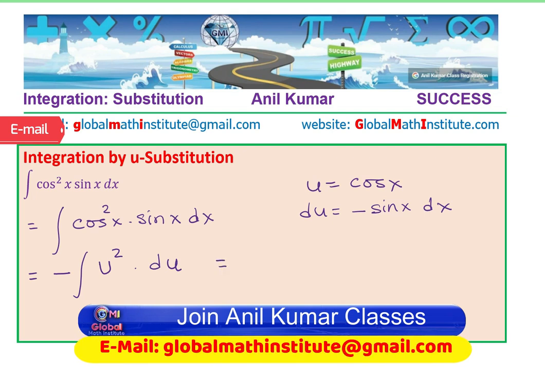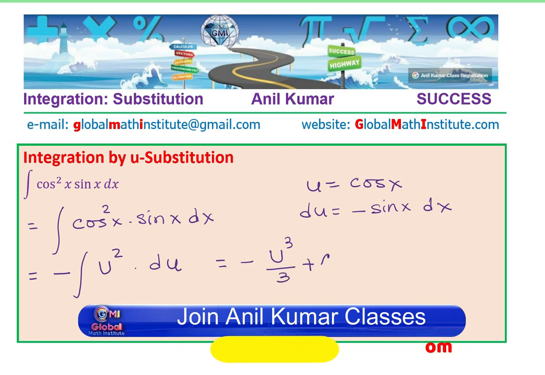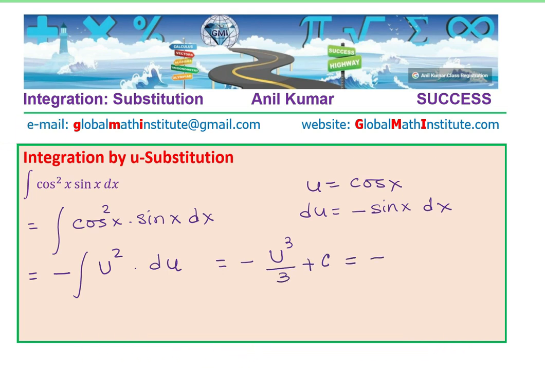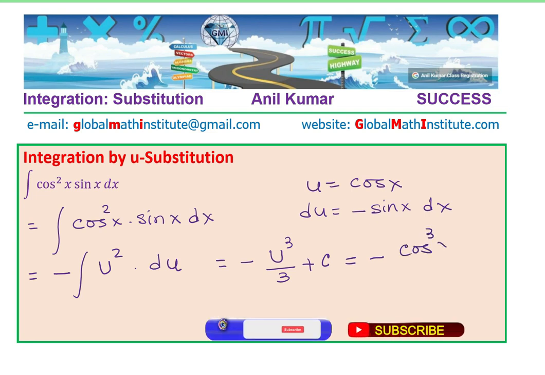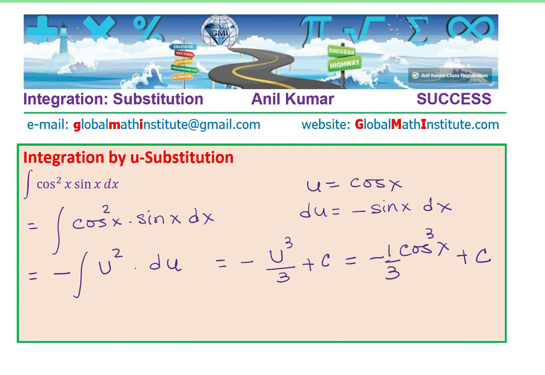So the integral will now be minus u to the power of 3 divided by 3 plus c, which is minus one third cos cube x plus c. So that becomes the integral of the given function. See how simple it is once you understand these strategies.